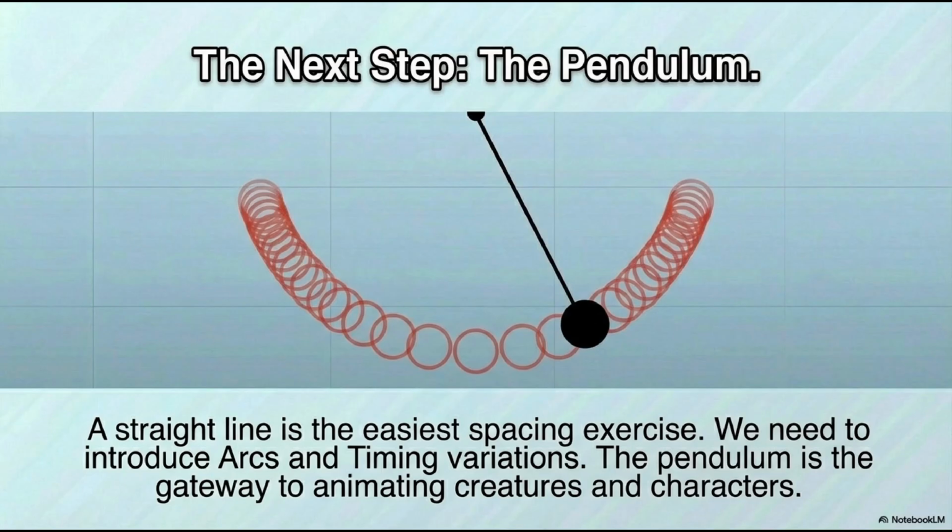And I'm going to decode the learning method for that in my next video. The pendulum will teach you arc, timing, variation, and how spacing changes through a motion. It is the perfect next step. The pendulum will take you closer to your goal of animating any characters, creatures, anything you want.